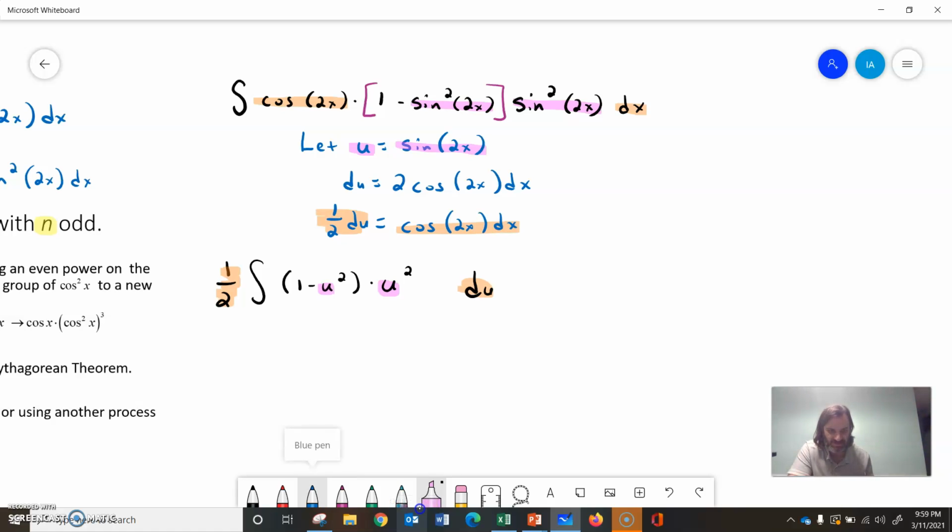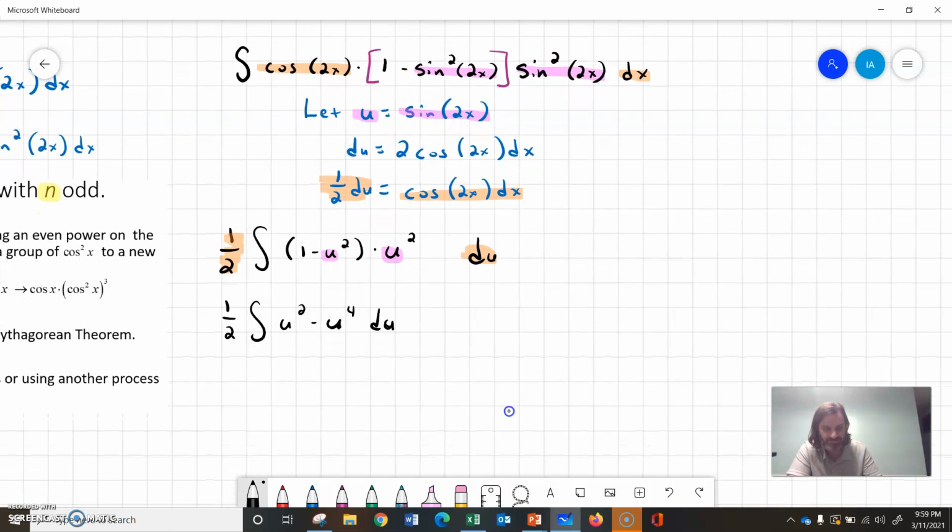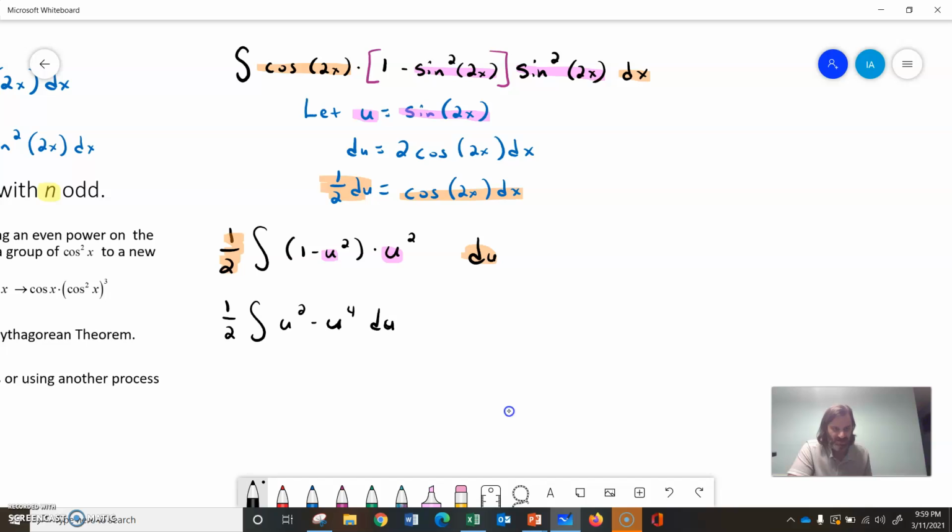Okay. So let's clean up a little bit. 1/2 can hang out front. Integral of u squared minus u to the 4th du. Let's slide this up a little bit. And what do we got here? We'll have 1/2 times 1/3 u cubed. The nice thing is we're just doing reverse power rules. Minus 1/5 u to the 5th. This will be plus c.